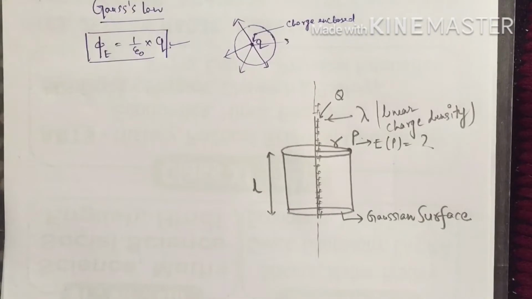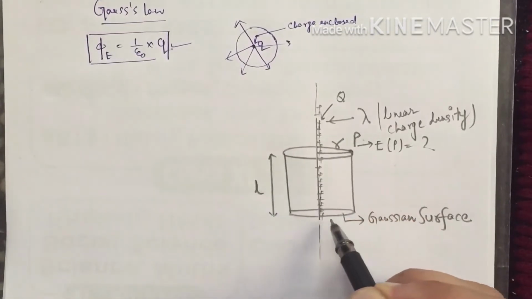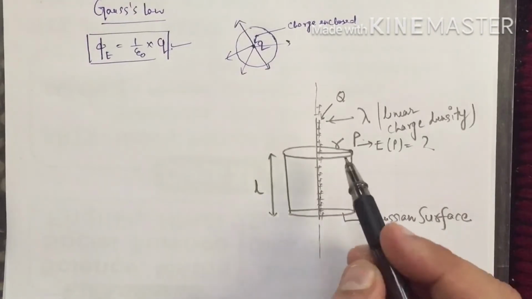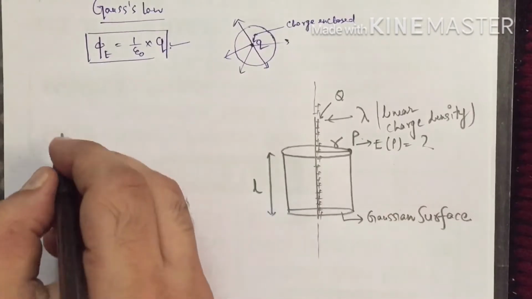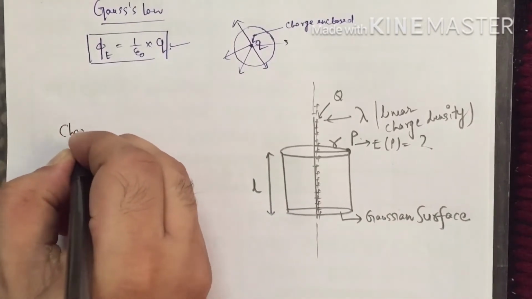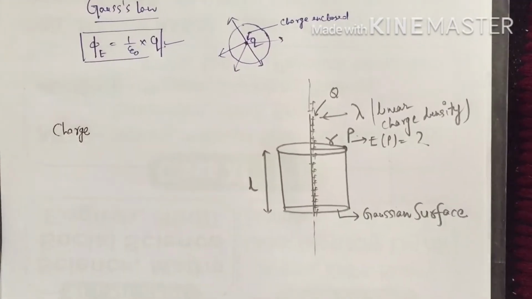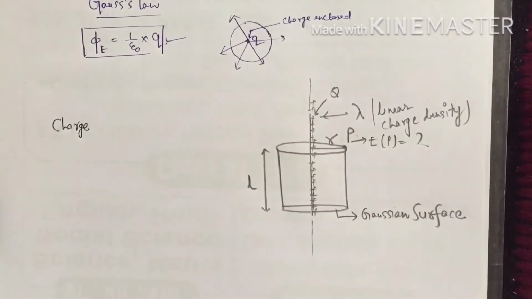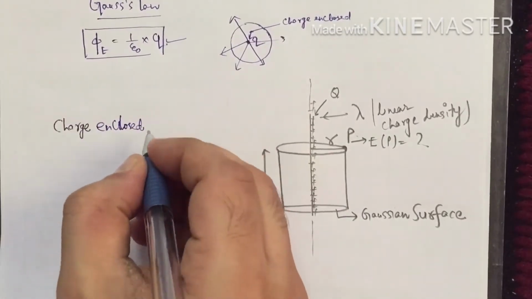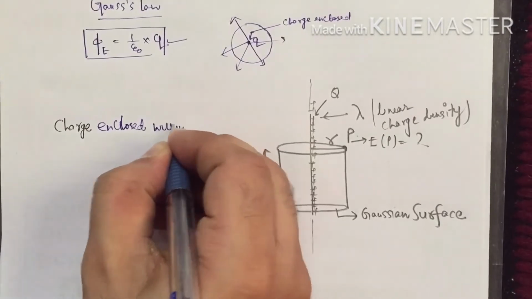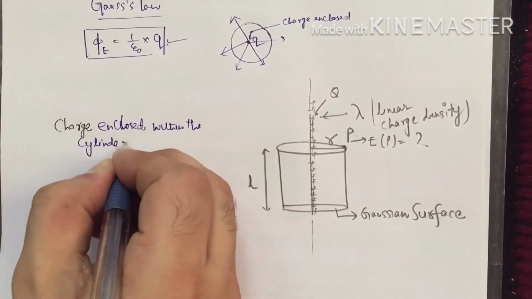Now let's apply the Gauss law and calculate electric field at point P. Now this cylinder is a closed surface, so this will enclose some amount of charge within this. So let us calculate the charge enclosed within the cylinder.